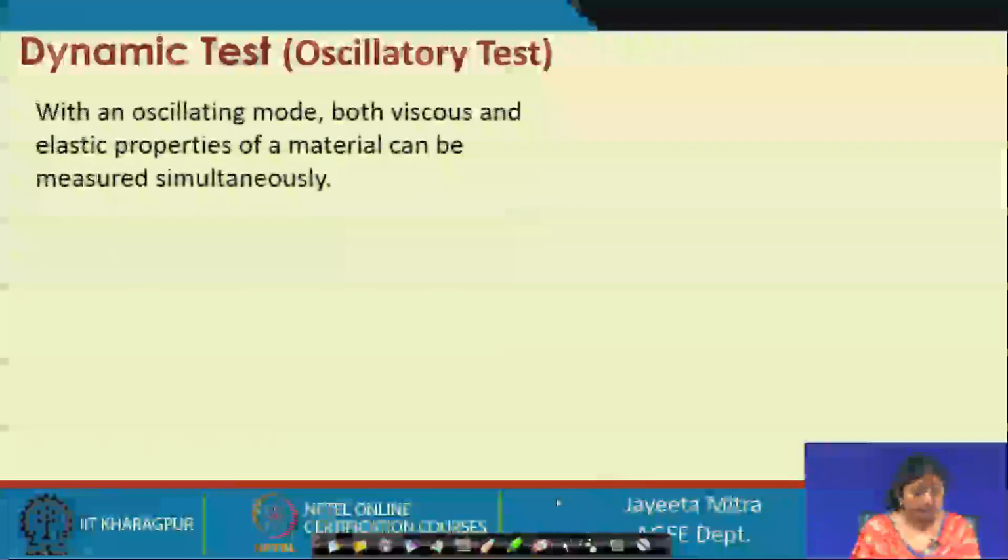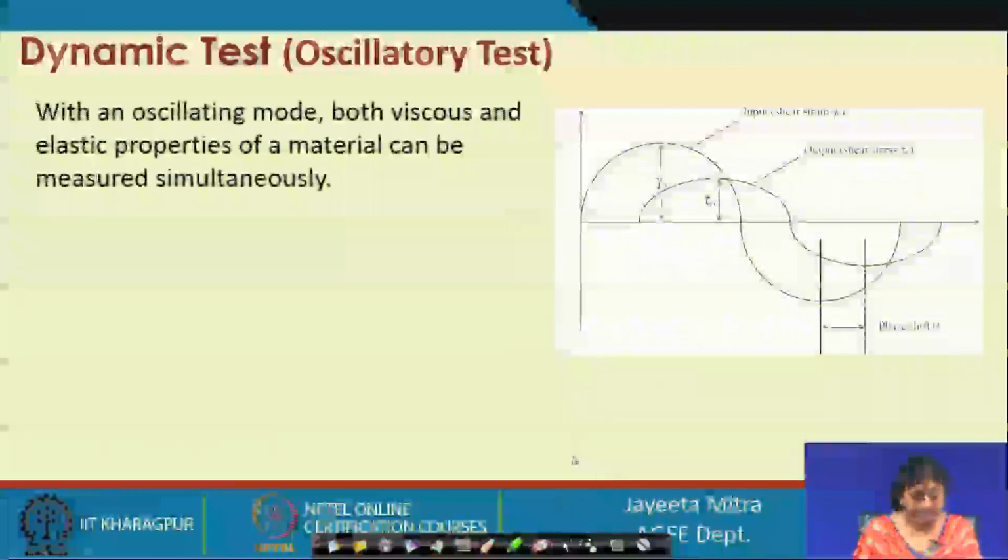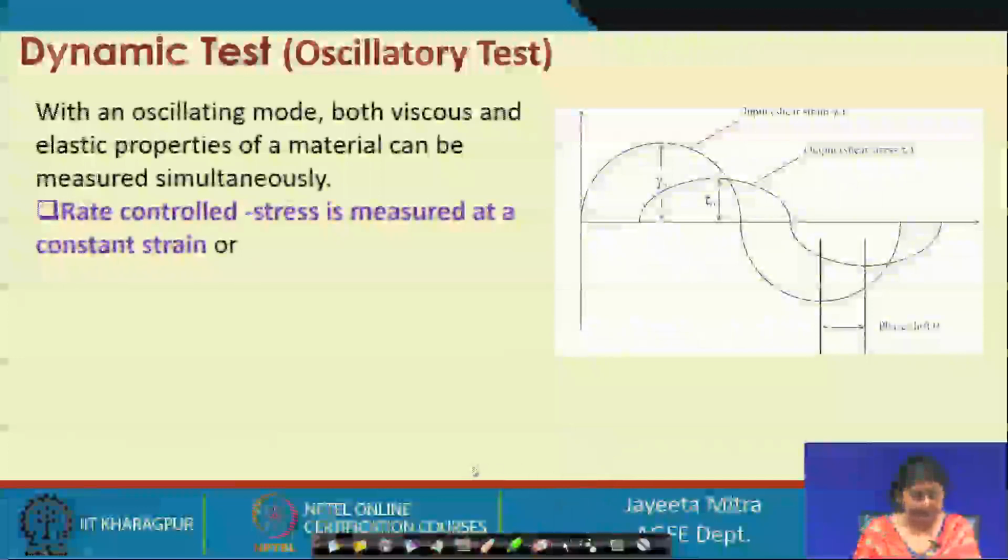So, with an oscillating mode, both viscous and elastic properties of the material can be measured simultaneously. So, what we do is, in a sequential pattern or following a sinusoidal wave, we apply the stress and then we try to measure the response of the stress.